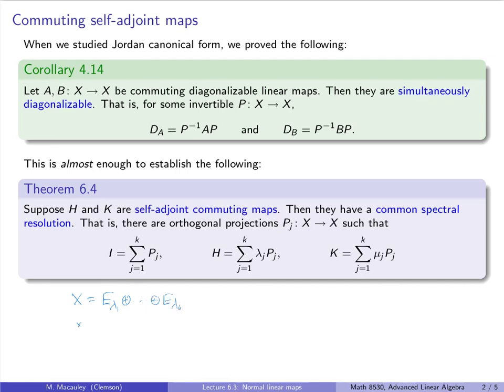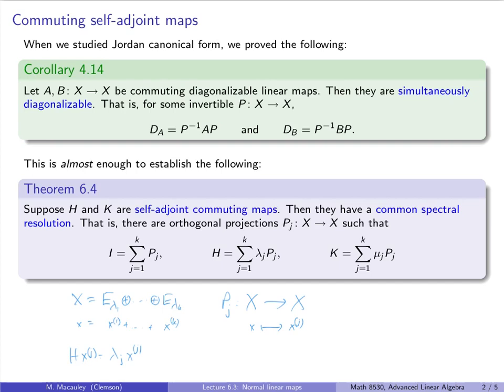And so every vector x can be written uniquely as x1 up to xk, where H times xj equals lambda_j xj. So these are literally the eigenspaces. And then the projection map P_j just sends x to the jth eigenspace by sending x to this eigenvector xj.